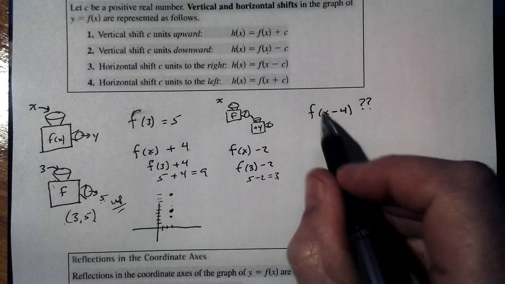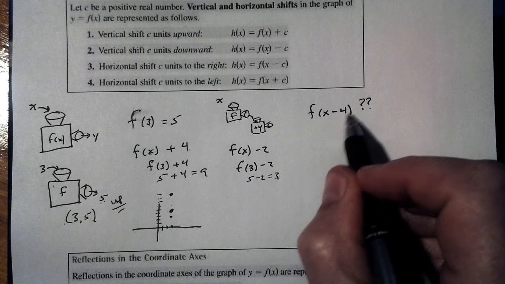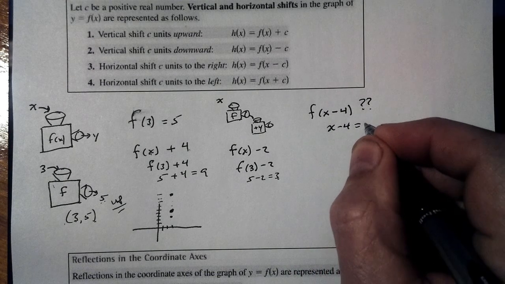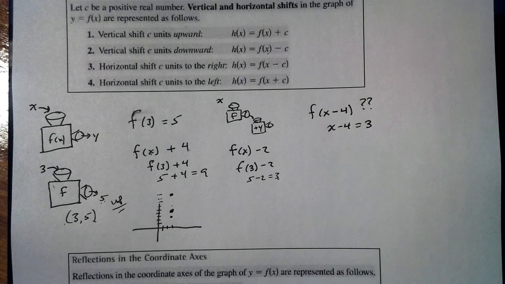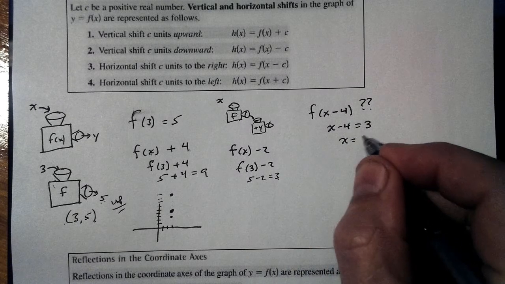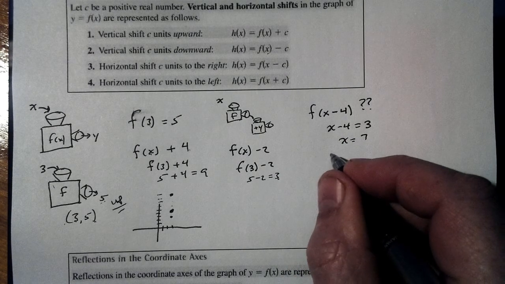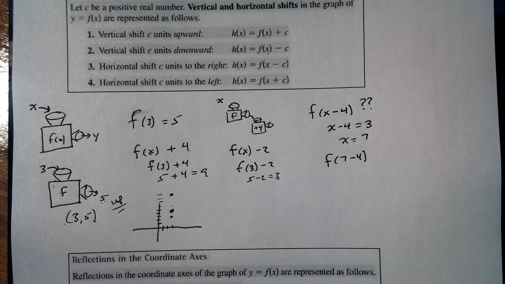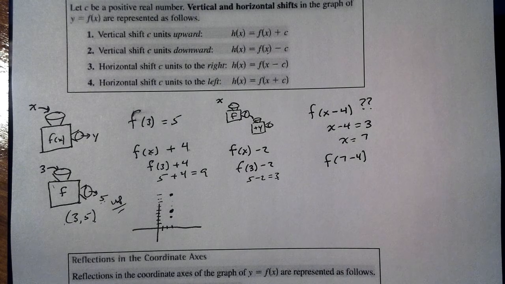So the only thing that I know for sure I can put in this factory is a 3, so I really need x minus 4 to equal 3. And therefore, x needs to be 7, so I really need to find f of 7 minus 4. It's the only thing I know for sure that my factory does.